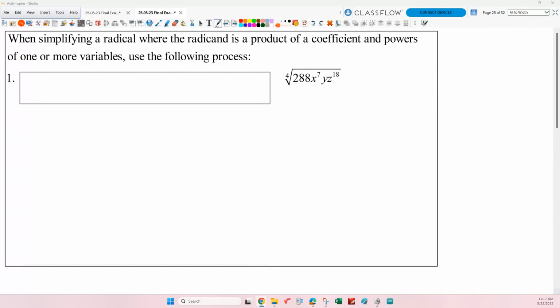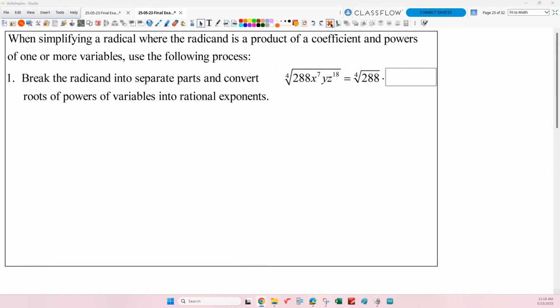Okay, I like it. How could we write those exponents? Yeah, you can turn them into fractions and then mixed numbers. Let's see what's under this box. So you just break it up, yeah.